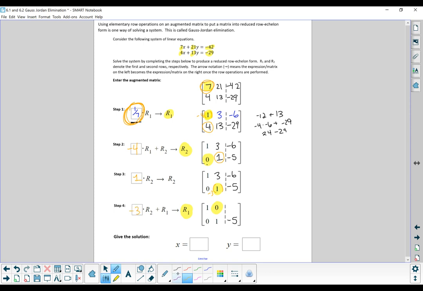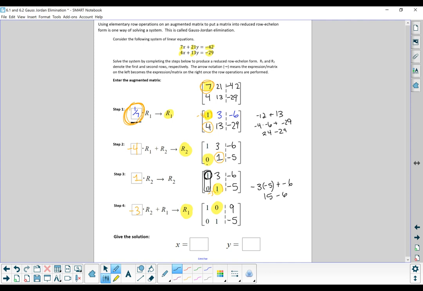So negative 3. So negative 3 times 0, if I think about this first column and make sure this 1 stays what it is, negative 3 times 0 is 0, so if I add 1, it is still a 1. Negative 3 times 1 is negative 3, and if I add 3, I get 0. Negative 3 times negative 5 plus negative 6 gives me 15 minus 6, so that gives me a 9 in that last spot.